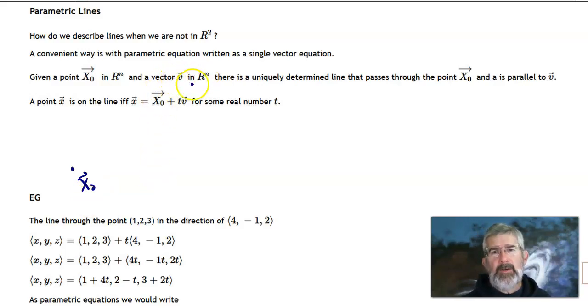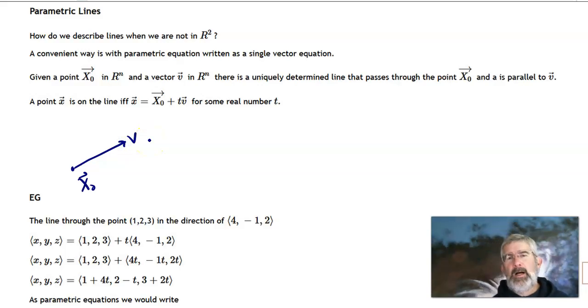And I'm given a vector also in Rn. Call it vector v. So I'm going to have that pointing out this way. I claim there is a uniquely determined line that passes through this point and heads in that direction. There's one line that passes through this point and heads off in that direction.